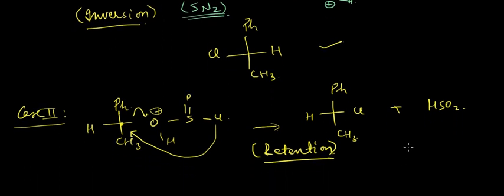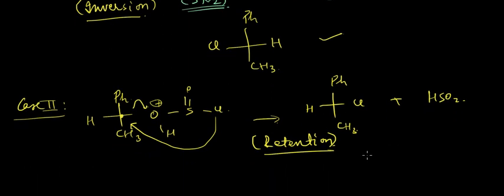Okay, so we talked about two cases of the Darzen mechanism, in which in the first case an SN2 reaction takes place, in which the inversion of the configuration of the substrate takes place because of the presence of pyridine. Why? Because the pyridine attacks the hydrogen atom, and the released chlorine atom from the previous step attacks from the back side of the carbon atom, allowing the SO2 gas to be released from the front side.